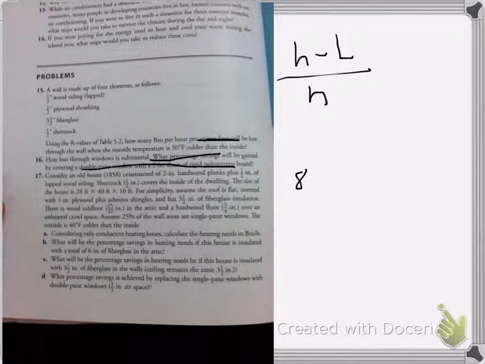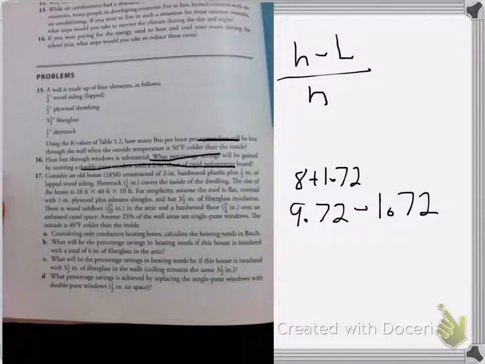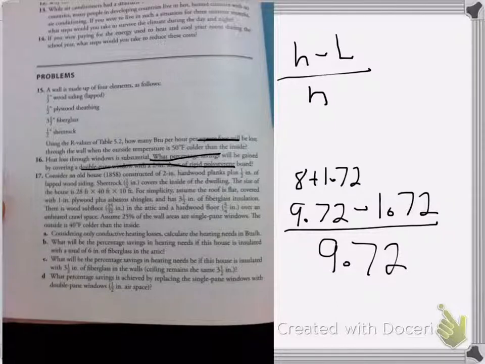So I'm going to do my 8 plus my 1.72, which would give me 9.72, and that's going to be my high number, minus my low of 1.72 divided by 9.72. So when I subtract this first, I'm going to get 8, and when I divide by my 9.72, I get 0.82, which if you times by 100, you get the percentage, so I get 82%. But I'll also take the 0.82. So it's your call on how you want to do the difference. So question 16.